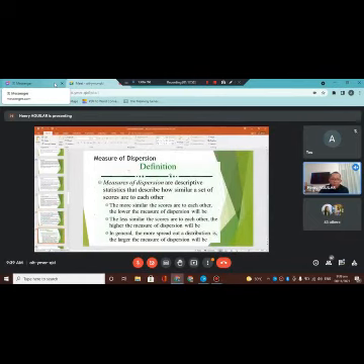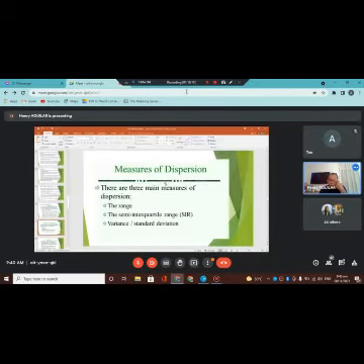So we have now the measures of dispersion, or we also call them measures of variability. Common measures of variability are the variance and standard deviation.